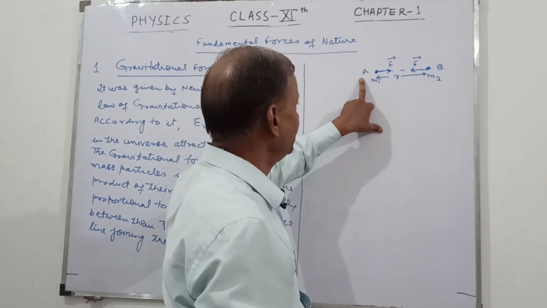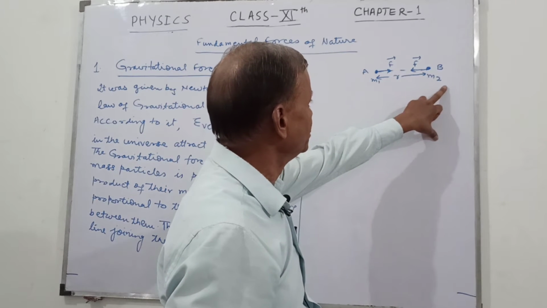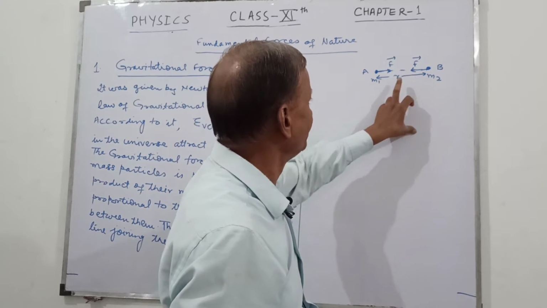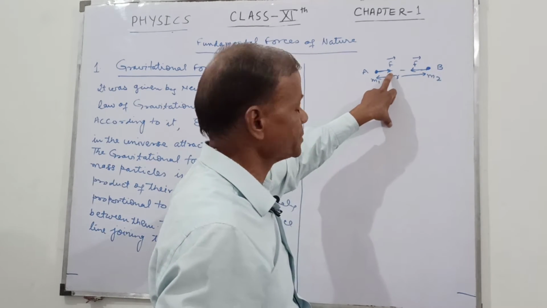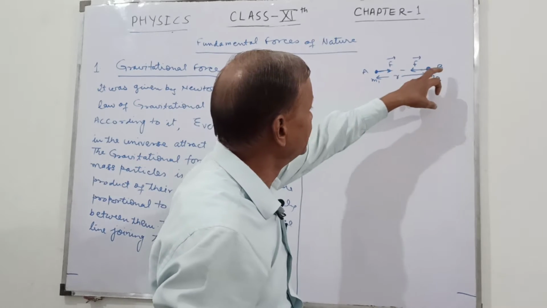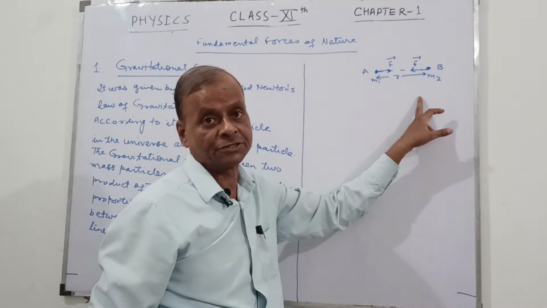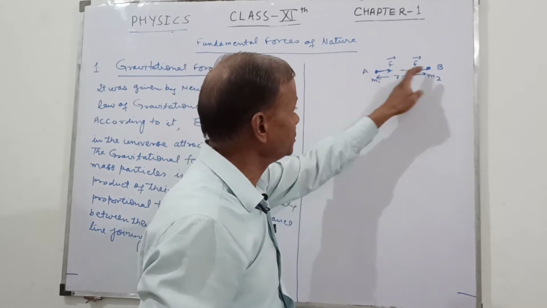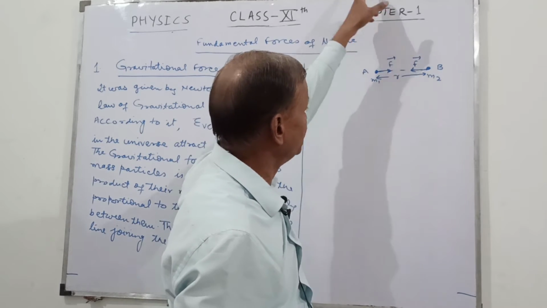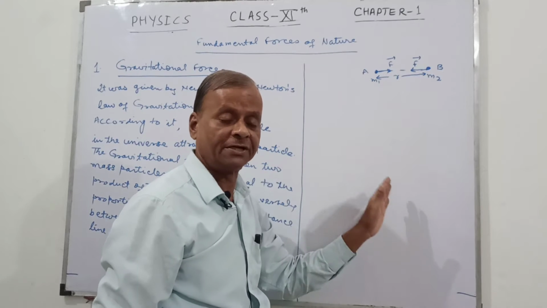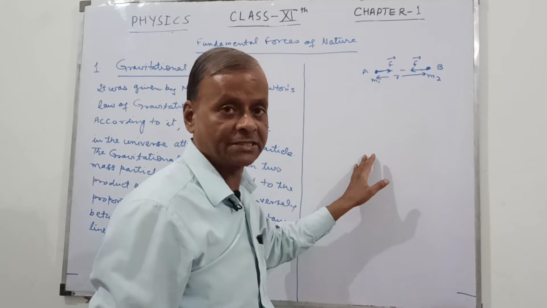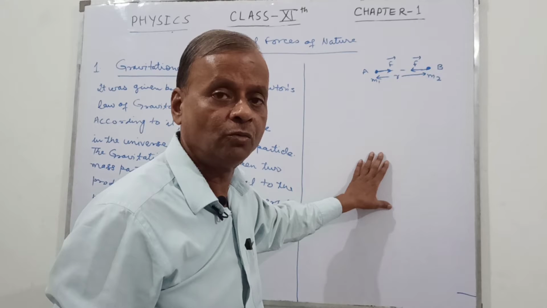Particle A attracts particle B, so this is F, and particle B attracts particle A, so this is force F. This is the line that joins the two mass particles, so this force will act along this line. It will not act perpendicular or transverse or any other way, but always acts along the line joining the two mass particles.